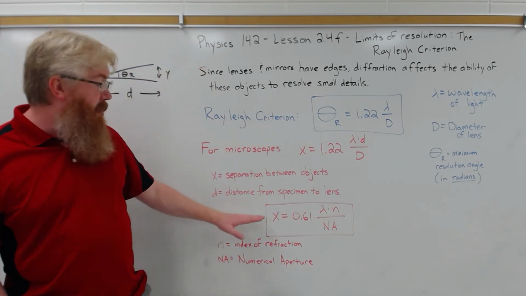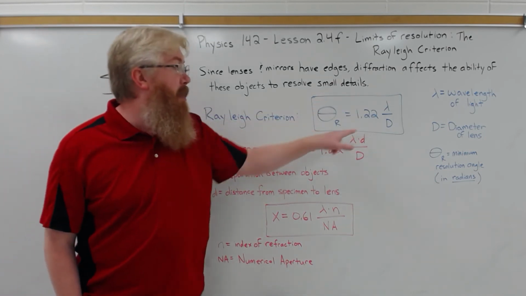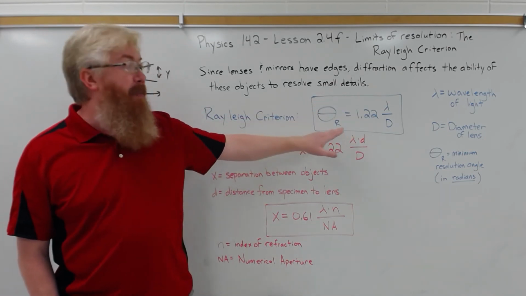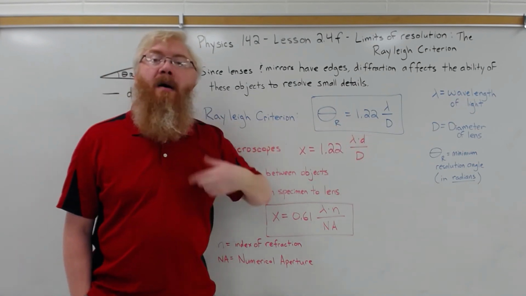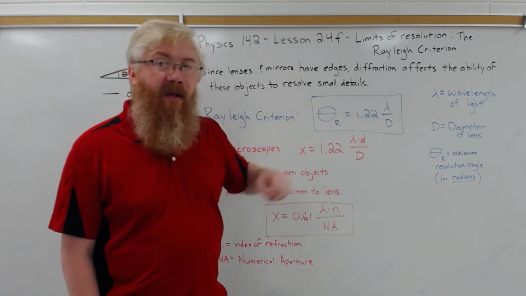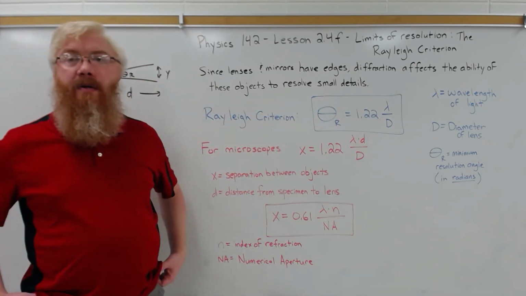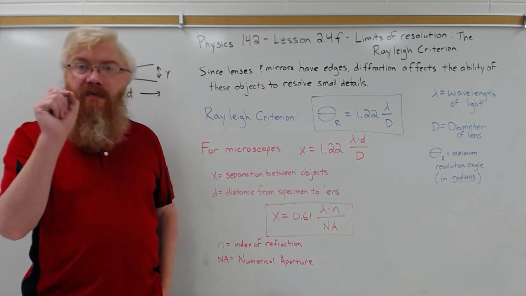So this gives you the minimum separation of objects in a microscope. This general form gives you the resolvability angle depending on the diameter of the lens you're using, microscope, telescope, your eyeball, whatever lens you're using, and the wavelength of light. So incredibly useful in determining your ability to resolve small objects.